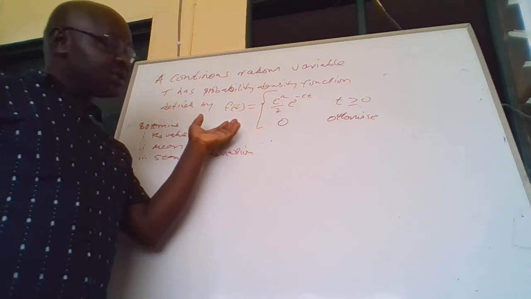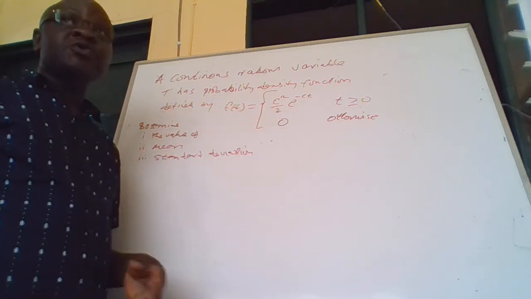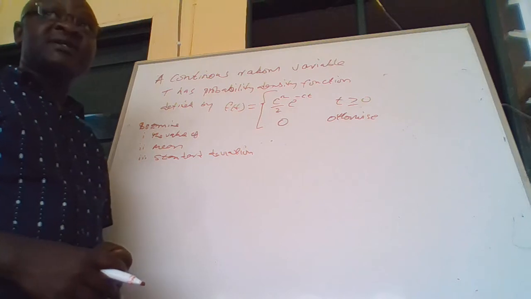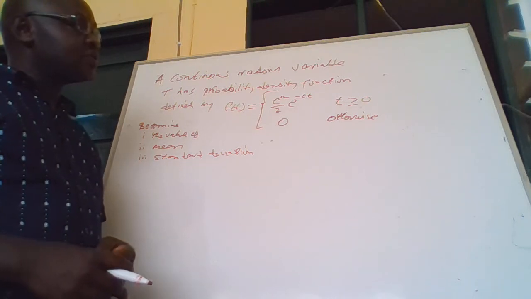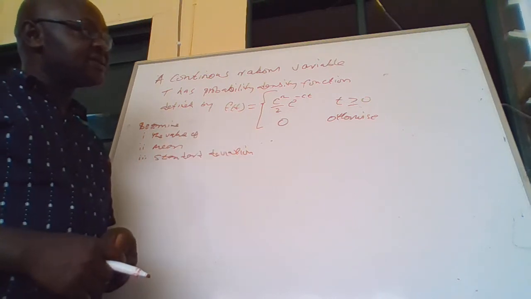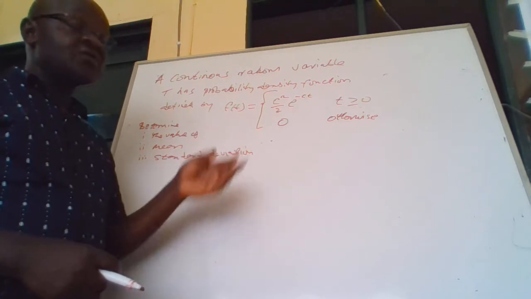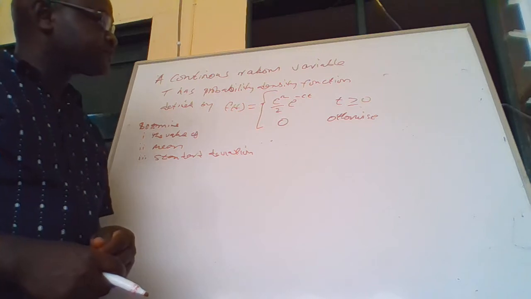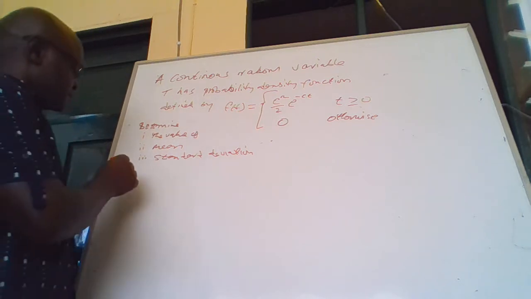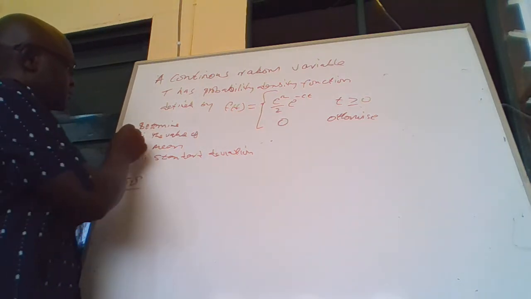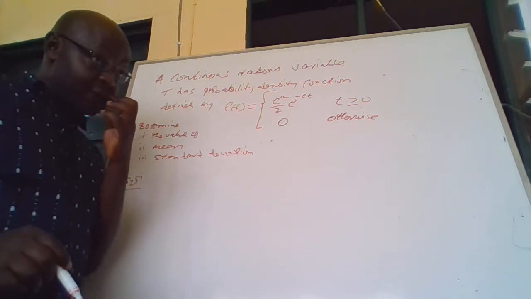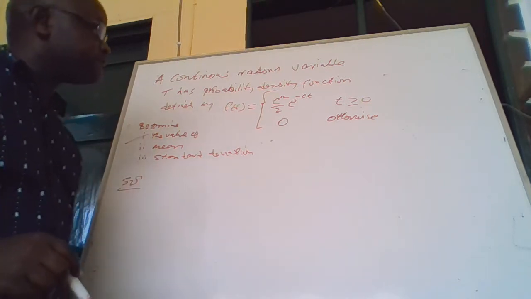This is the function: f(t) = c² e^(-ct) over 2, where t is greater than or equal to 0, and f(t) = 0 otherwise. Now we start with part 1. They want us to get the value of c.